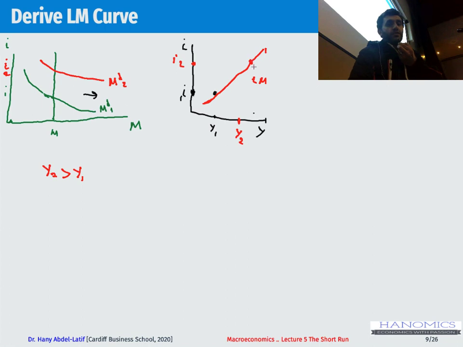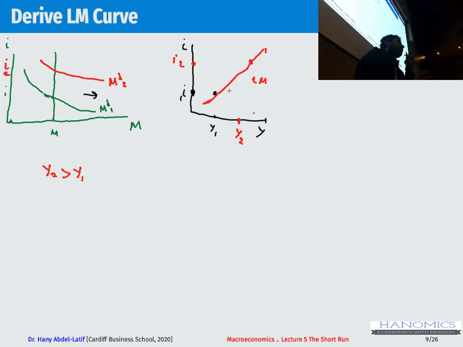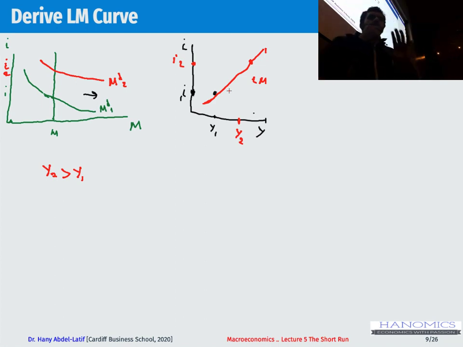Now I've got two points. If I connect these points together, that gives me the LM curve. You can see the LM curve is an upward sloping curve. When I introduced this at the beginning of the lecture, I said that was the traditional way of thinking about LM, so just keep it in mind.